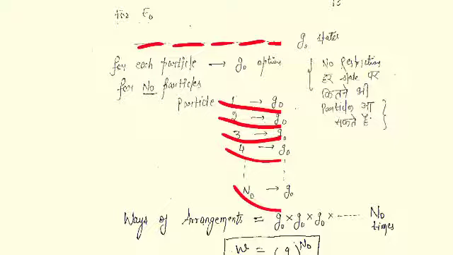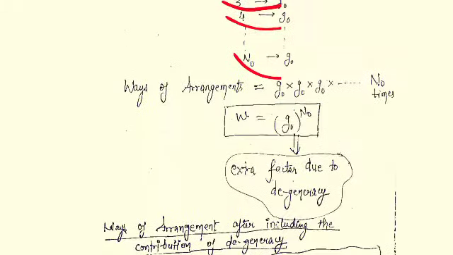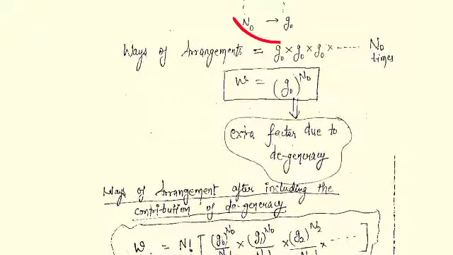So in a generalized way, in the E0 energy state, the total ways of arrangement is G0 to the power N0. First G0 is for one particle, for the second particle it is G0, for the third particle it is also G0, and up to N0 particles there are G0 chances to arrange. So summing up, we get W equals G0 raised to the power N0, and this extra factor is coming due to the degeneracy.